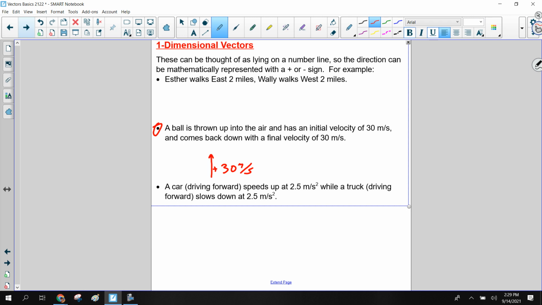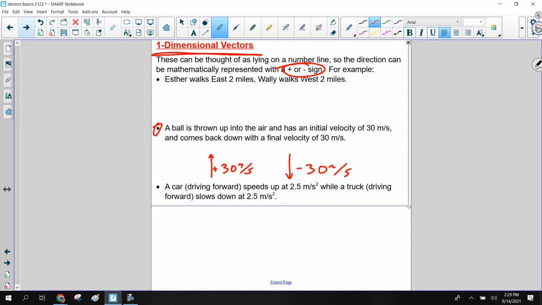And then later on, it's going to come down, and now the velocity is negative 30 meters a second. So when you're dealing with a one-dimensional vector, you can indicate the direction just by using a positive or a negative sign, okay? As long as you know the context, right? If the problem is about throwing a ball, then we know up is positive, down is negative, all right?